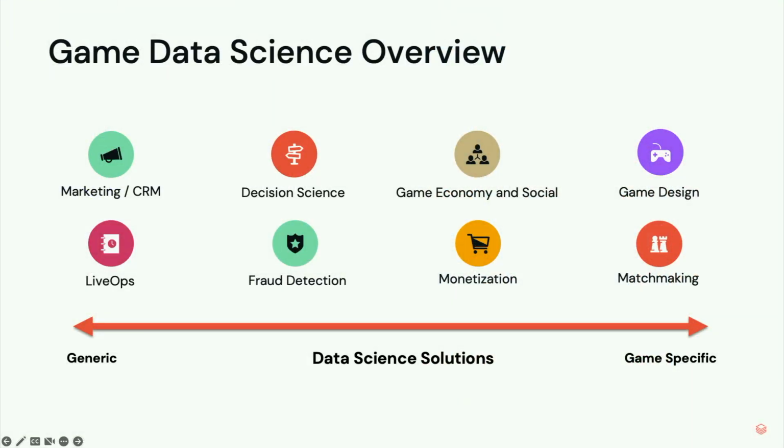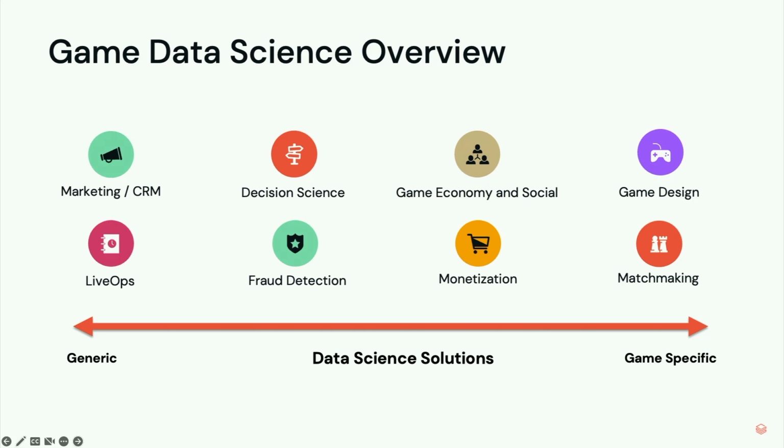Data science can be used for video games in many areas. Some technology behind those use cases is quite generic, which can be commonly seen in other industries or companies as well. And some of those technologies can be quite game-specific. For example, for marketing, CRM, LiveOps, when we talk about user segmentation or attribution, that can be quite generic.